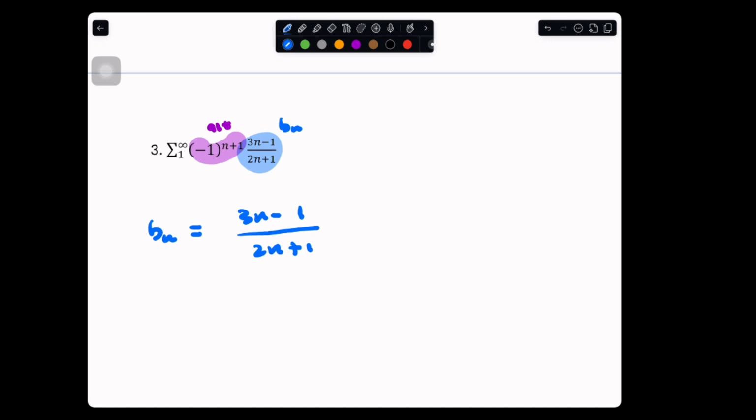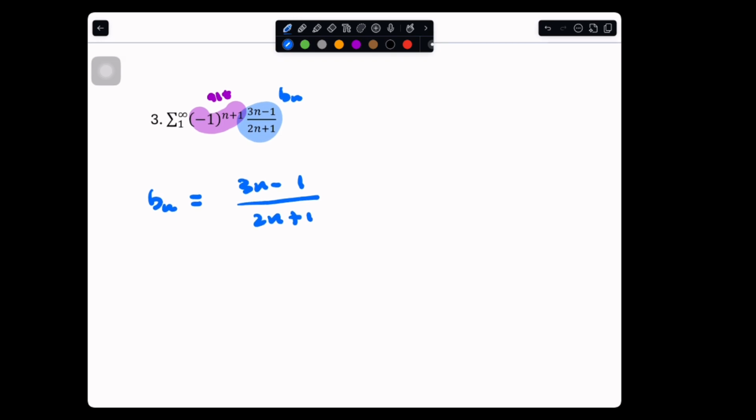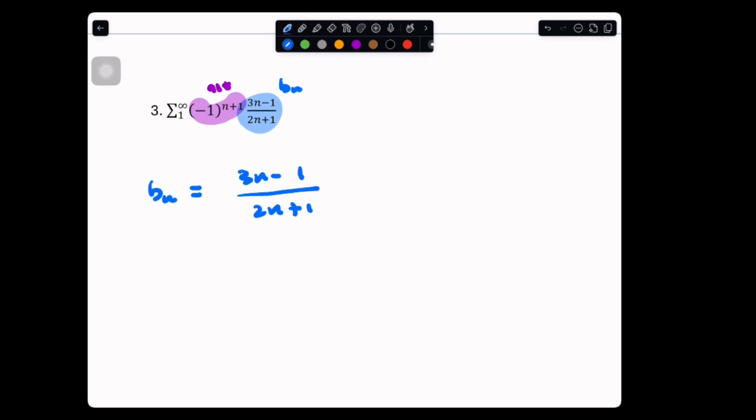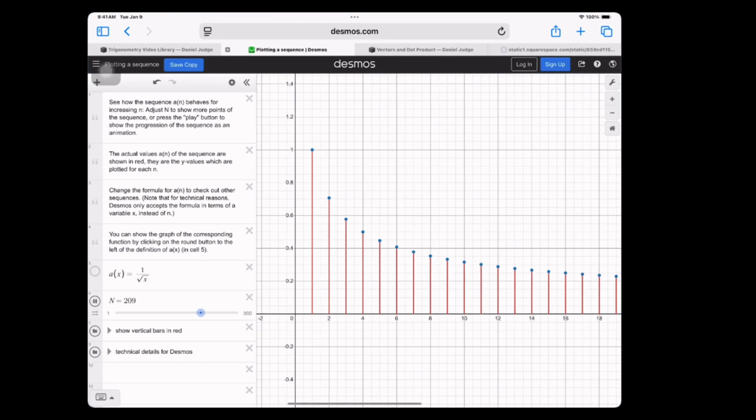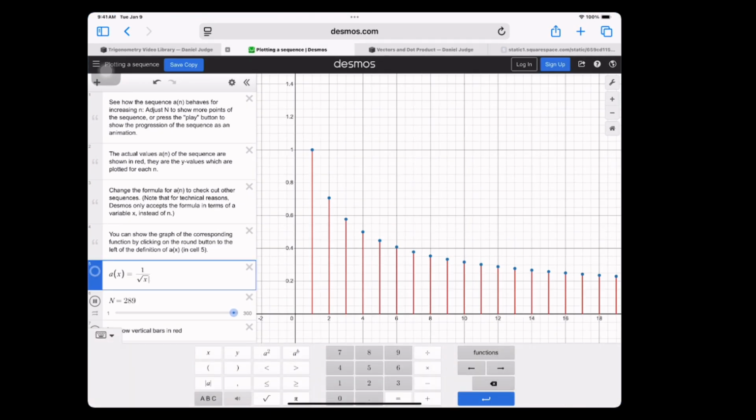All right, you guys okay with that? Okay, now what do we know? This Bn is going to be positive 3n minus 1 over 2n plus 1. Let me remind you guys here.